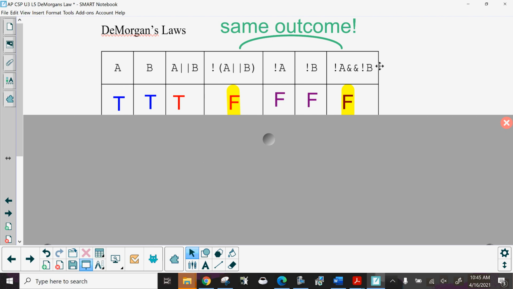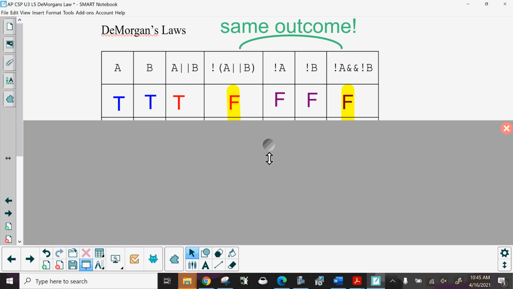Not A and not B is false and false, which is false. Notice that the not on the ors together is equal to the not on the ands separately. These two things mean the same thing. You get the same outcome all the time.